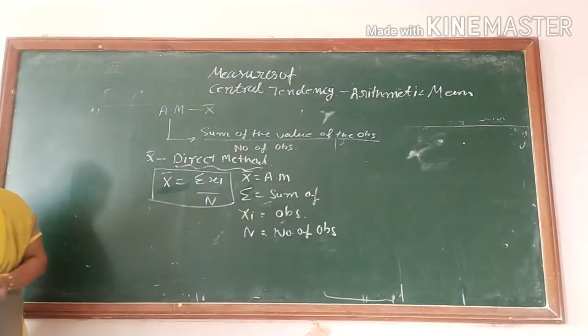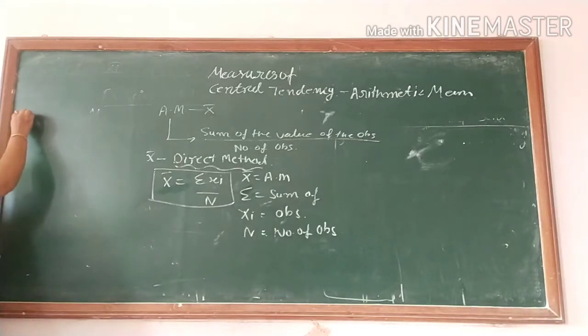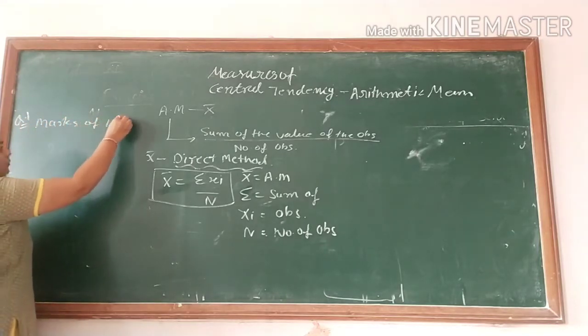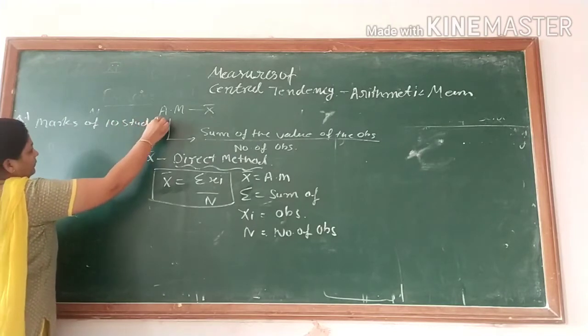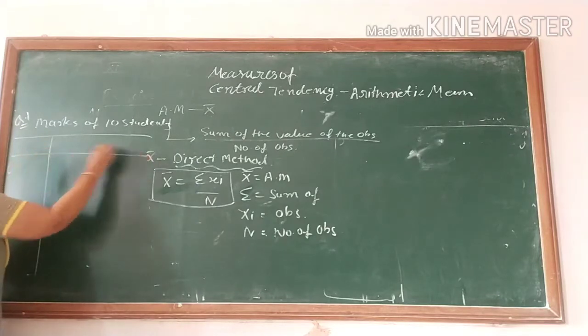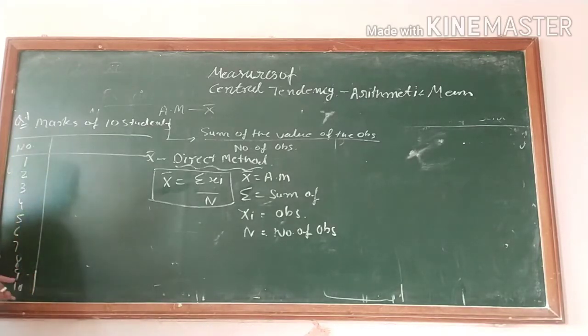First we can take one example of this direct method. Write down here only: the marks obtained by 10 students. Question number 1. Marks of 10 students. Clear? So here data is given to you. So number 1, 2, 3, 4, 5, 6, 7, 8, 9 and 10. Here till 10, maybe it is not visible for you.